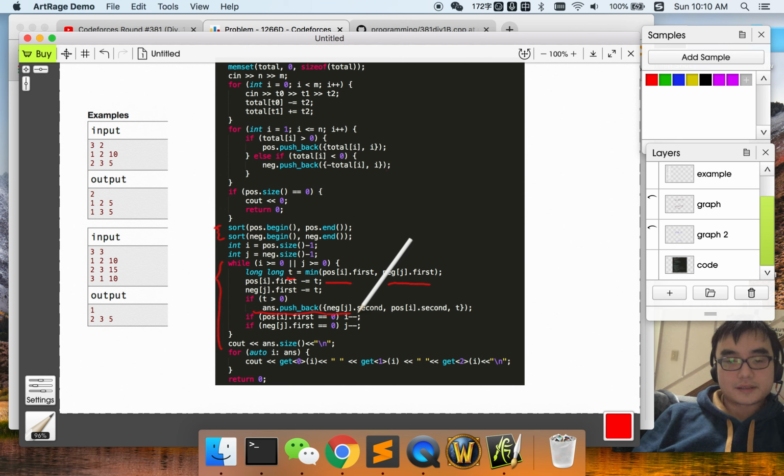Then we do it by adding a new transaction to the answer, and then we move the pointers, right?